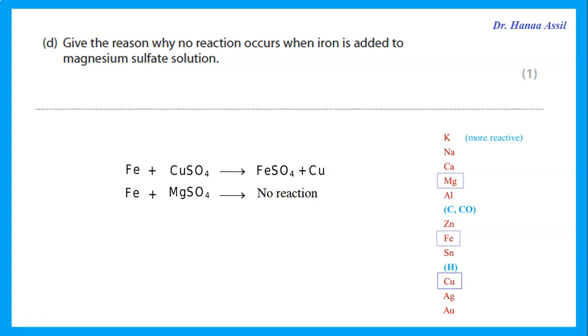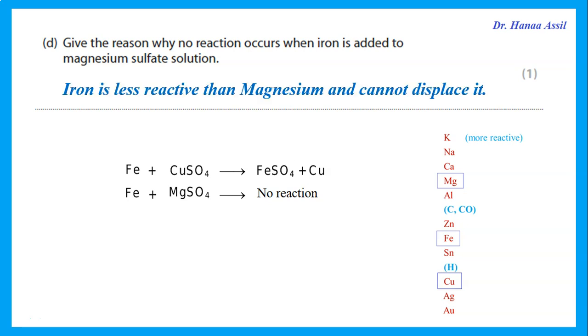But iron is less reactive than magnesium, so it cannot displace it. So we cannot say iron plus magnesium sulfate. Why? Iron is less reactive than magnesium and cannot displace it.